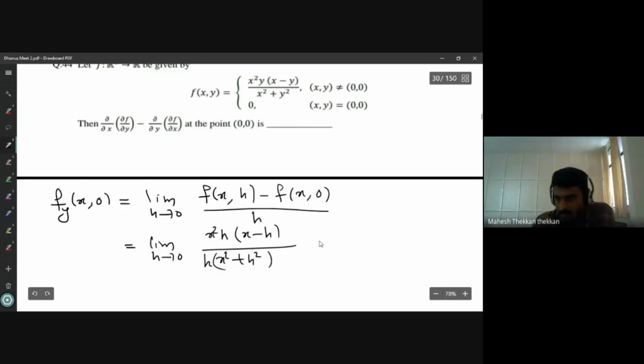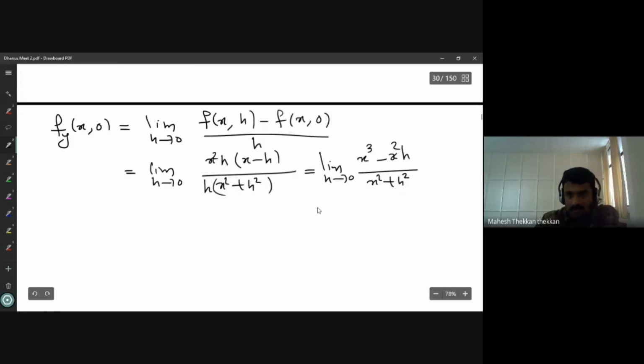Then the remaining is the limit as h tends to 0 of (x cubed minus x squared h) divided by (x squared plus h squared). As h tends to 0, the numerator gives x cubed and the denominator gives x squared, so this is nothing but x cubed by x squared, that is x. So fy at (x, 0) I got x.